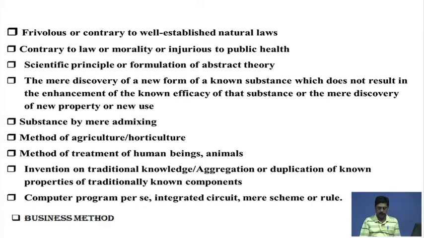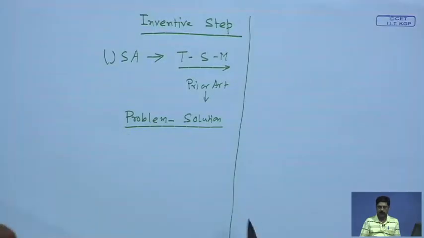These are the criteria of patentability, but another element is there, that is, considering the public perspective and social perspective. The government has created a list of inventions which are not patentable. Why?